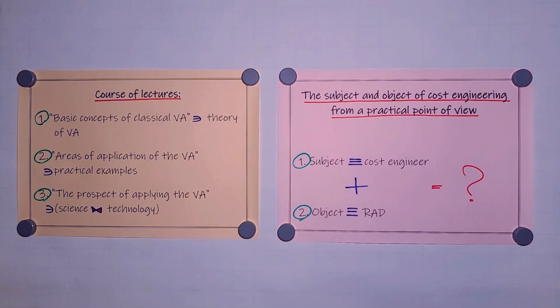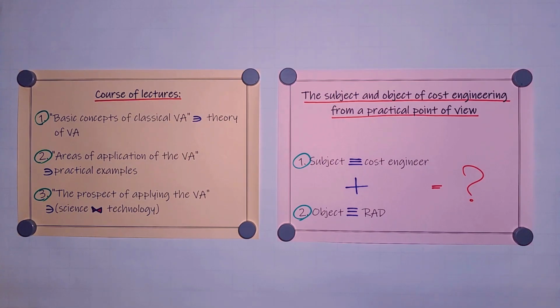For example, the theory of artificial intelligence, machine learning, neural networks, the connection of value analysis and the metaverse, etc. In the framework of the theoretical part, we will not consider cost engineering since it's mostly an applied field of activity, the essence of which is manifested in the process of considering practical cases.